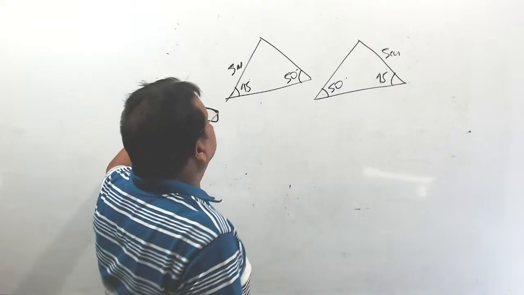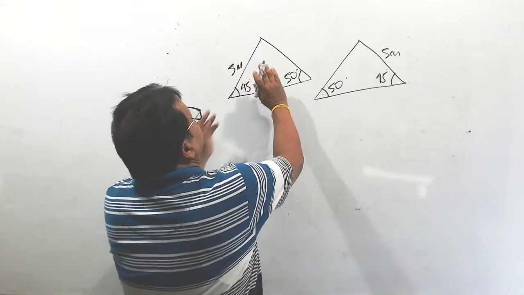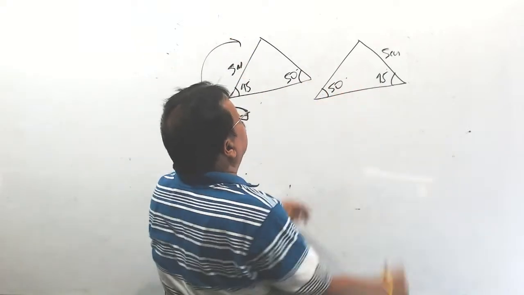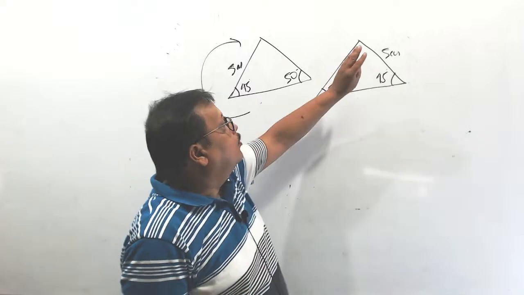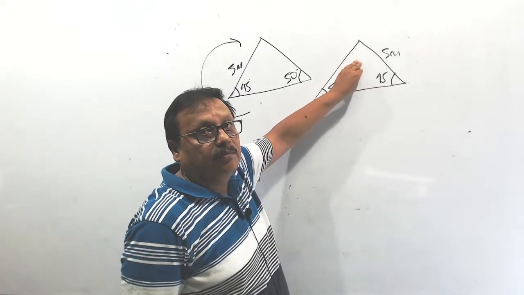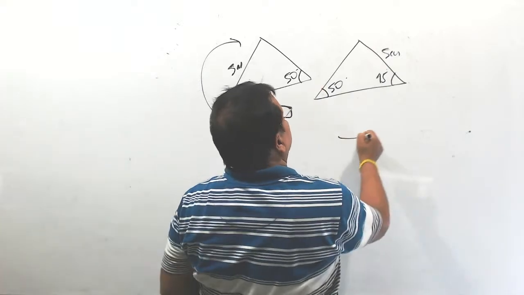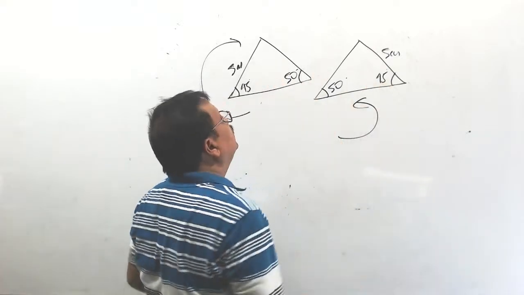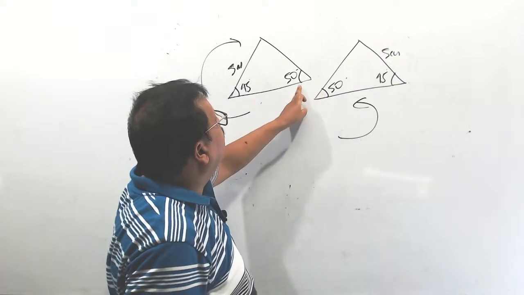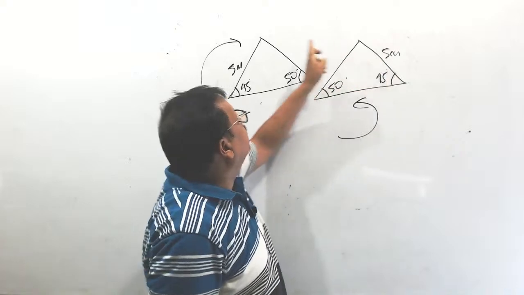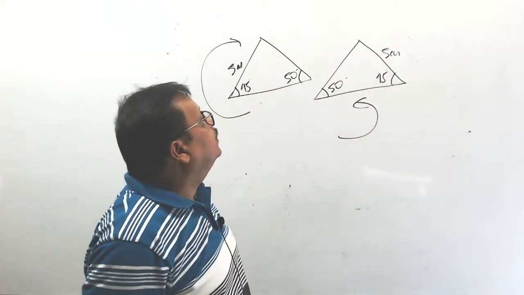Yes, the corresponding sides. If you rotate this triangle, it will completely overlap, completely cover this one. If you rotate this one also on this triangle, the 50 angle will overlap here, the 45 angle will overlap here, and this side of 5 centimeter length will overlap here.